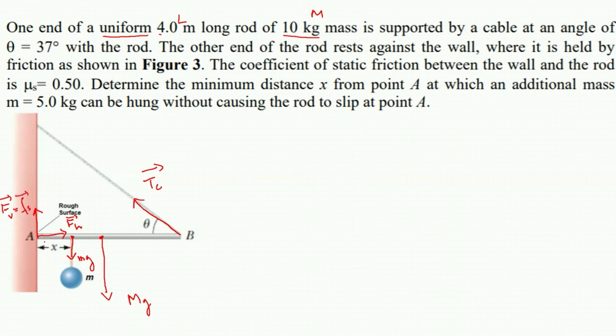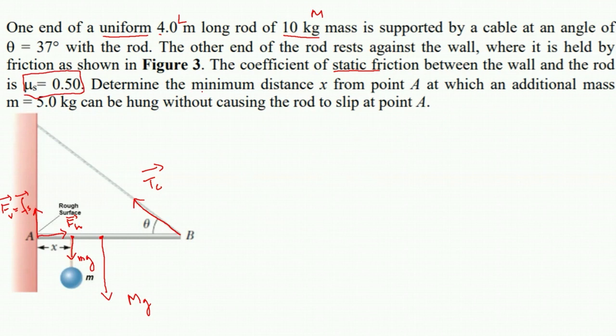In other problem it's a hinged vertical component of the hinge, but here it's played by the frictional force. You have friction between the rod and the surface, and because the surface is rough, the coefficient of static friction, mu s, is given, between the rod and the wall.